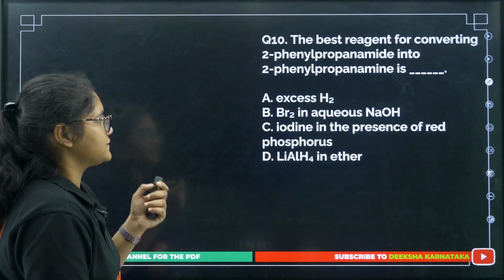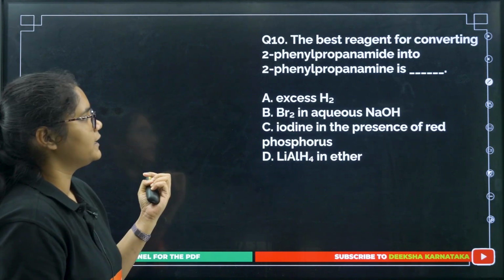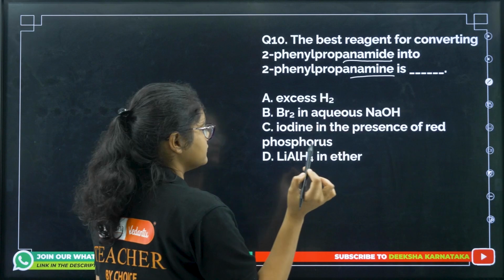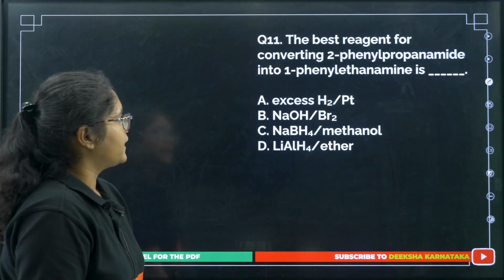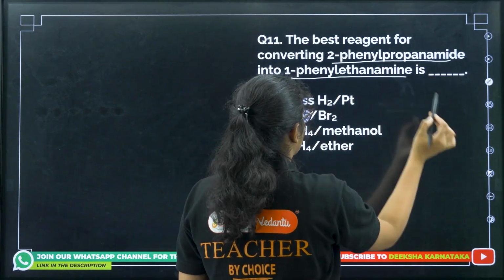Okay. Next, the best reagent for converting 2-phenylpropanamide into 2-phenylpropanamine. Amides get converted to amine using lithium aluminium hydride, option number D. Okay. Next, best reagent for converting 2-phenylpropanamide to 1-phenylethanamine.